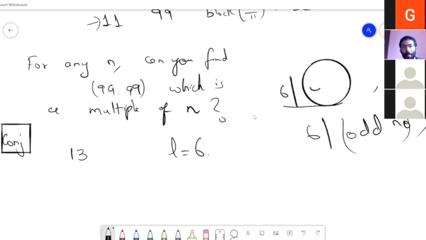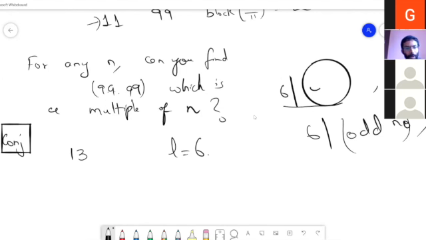So, Bhagesh ma'am is saying it in a different way. She's saying, look at the sequence of 9s and count the number of its prime factors. That will be the length of the block. So if what she's saying is true, then it need not be 6. But in this case, 6 it is. If you divide 999999, six 9s, by 13, it is divisible.